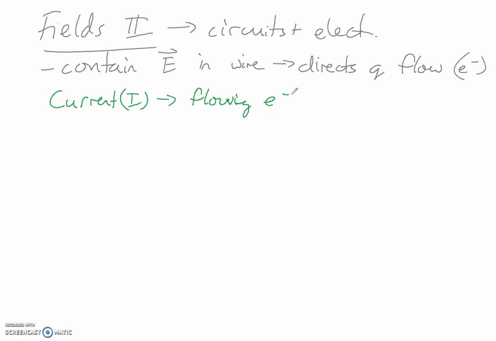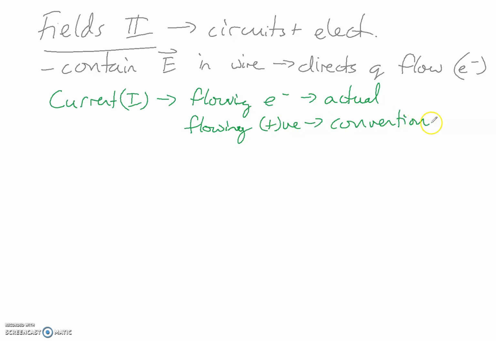If you remember from grade 9, there's two typical types of current. The flowing electrons is what's often referred to as actual current, but there's another idea out there of flowing positives, and this is called conventional current. I guess when they started doing this way back when, they thought it was positives going from one place to another, and then they eventually found out it was negatives going the other way. But instead of flipping everything, they just talk about conventional current and actual current.